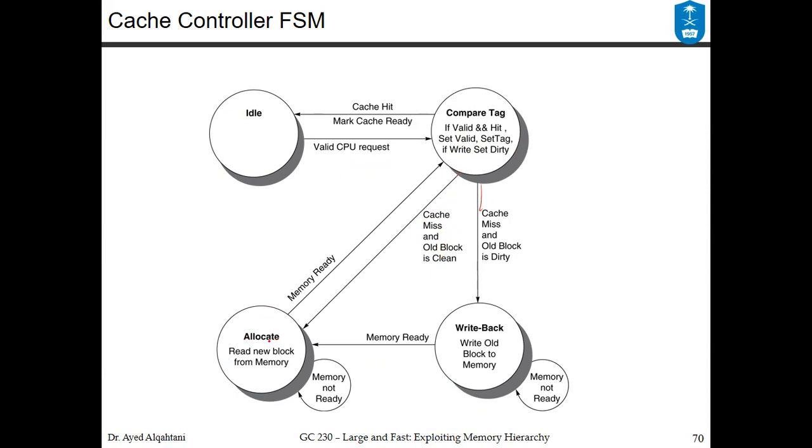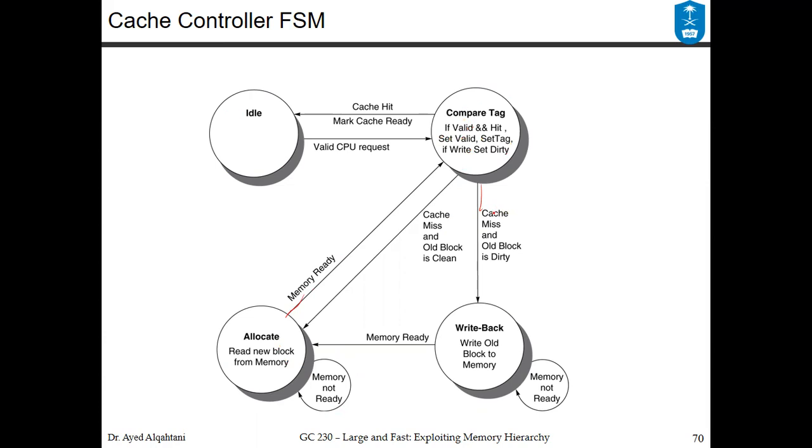And you know, in allocation, you need to fetch the block back to the cache. So you read the new block from the memory and bring it back. As long as you need more time to finish this operation, if the memory is not ready, keep waiting in this state. Once the memory is ready and you're done, you go back to this state.